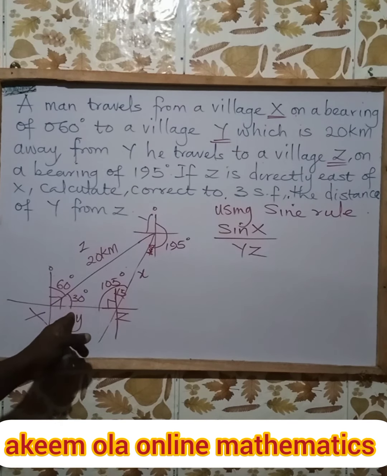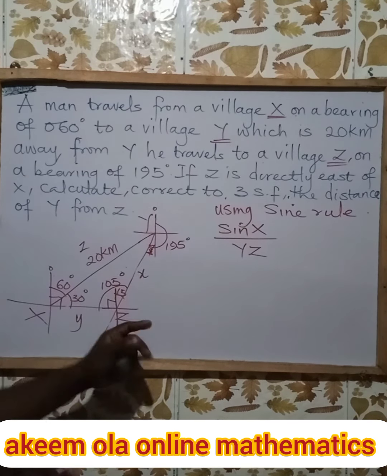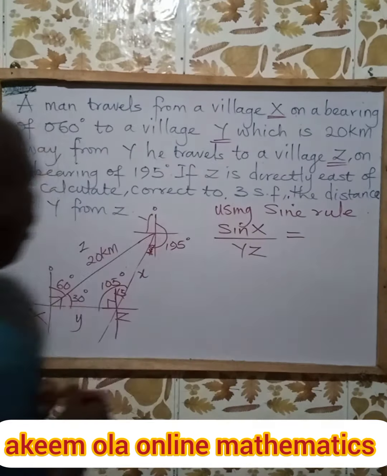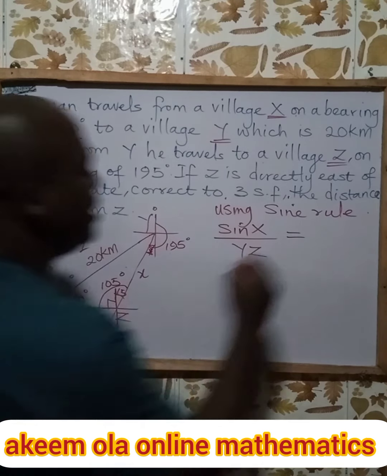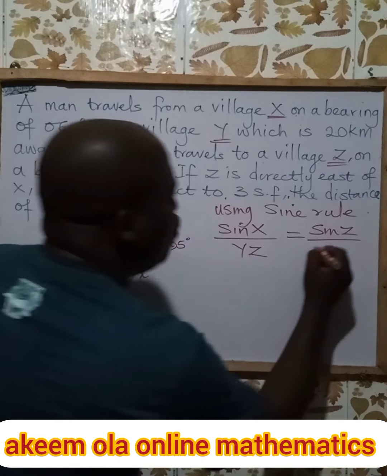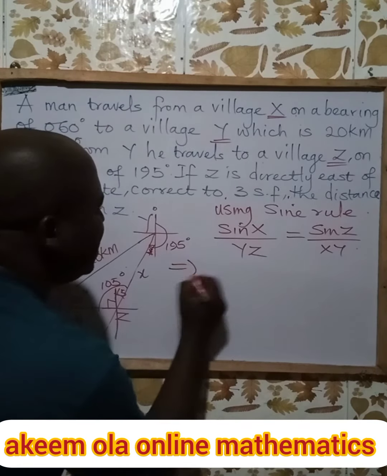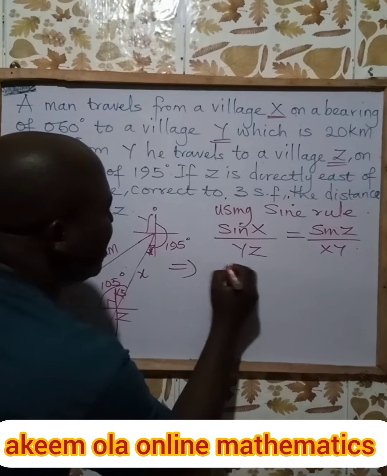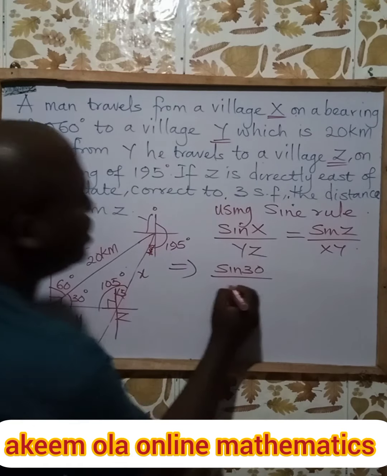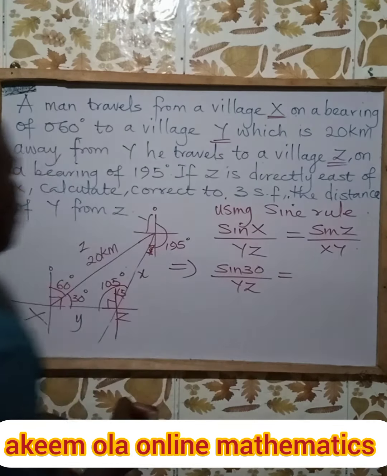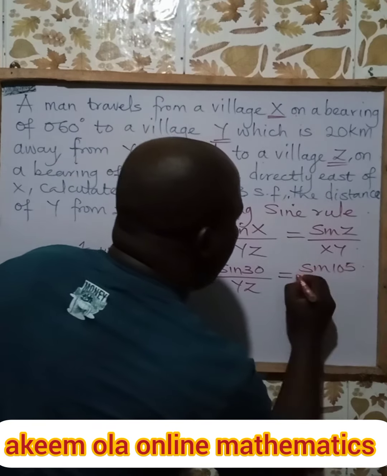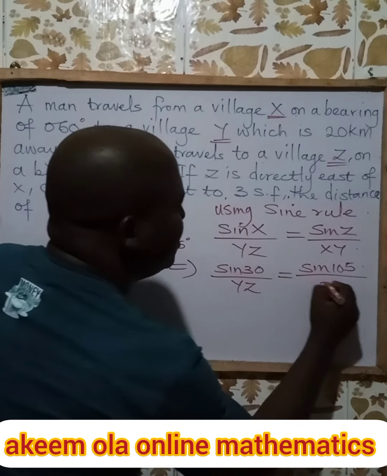The angle is 30, so sine 30 over YZ is also equal to the other ratio, sine Z all over XY. Sine Z is 105, all over XY, which is 20.